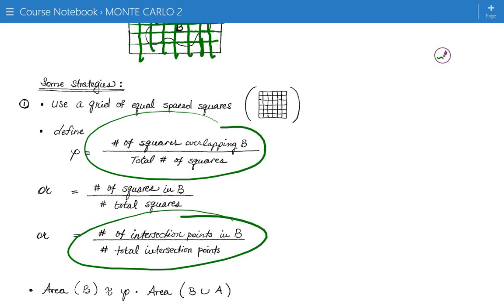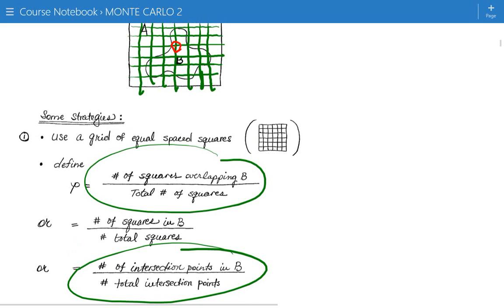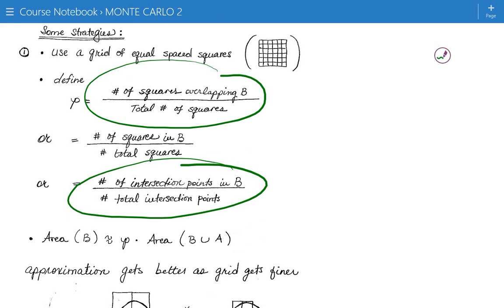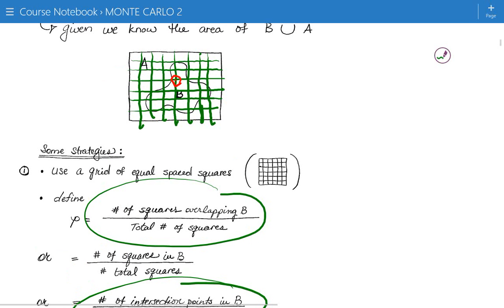Well, okay, so now I have a proportion, say a proportion of squares that overlap B relative to the total number of squares, or the proportion of points in the grid that are in B relative to the total number of points. And the area of B is then that proportion times the overall area of A union B, or the overall area that I know up here, this whole square.